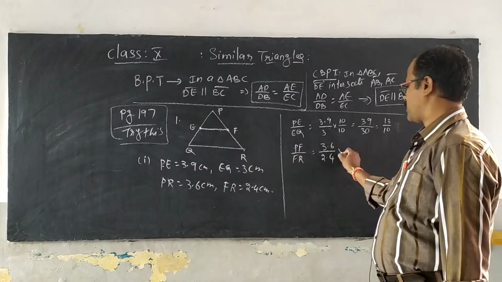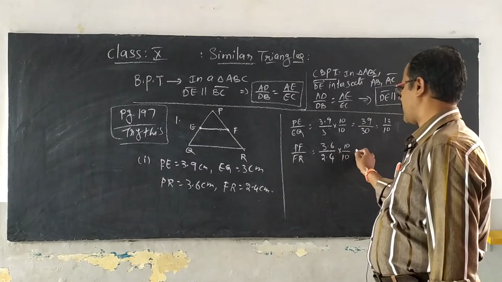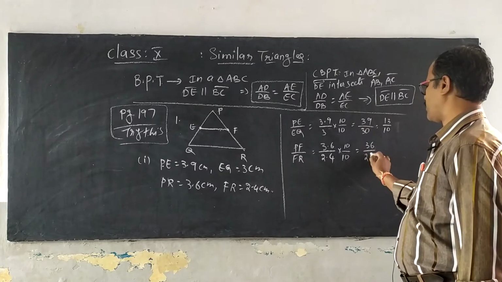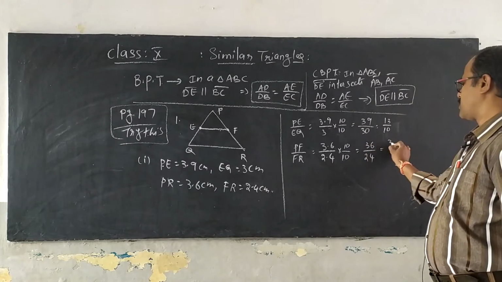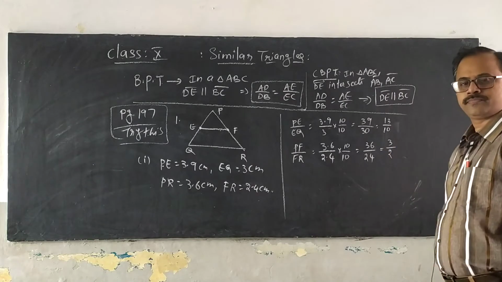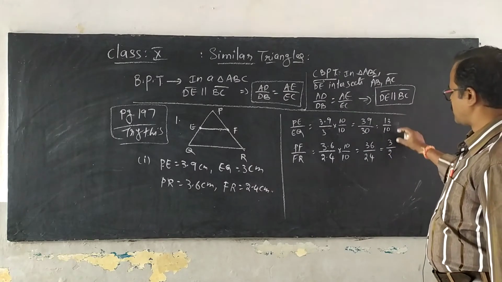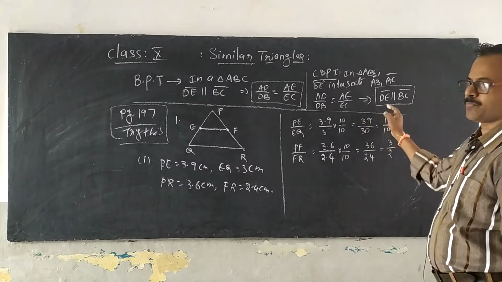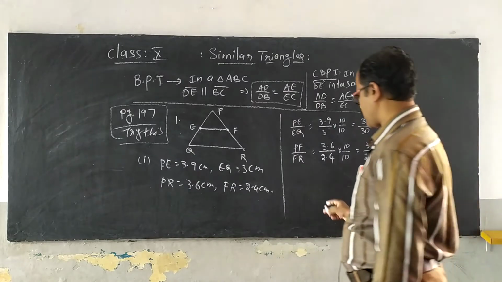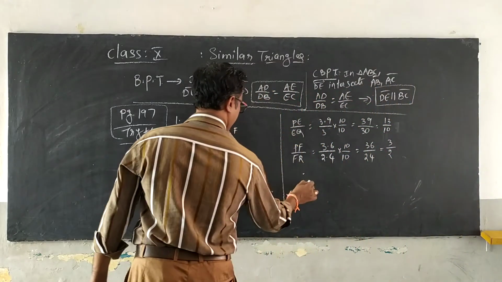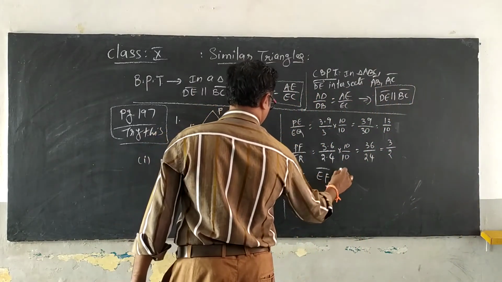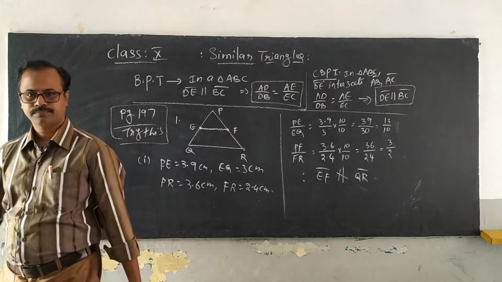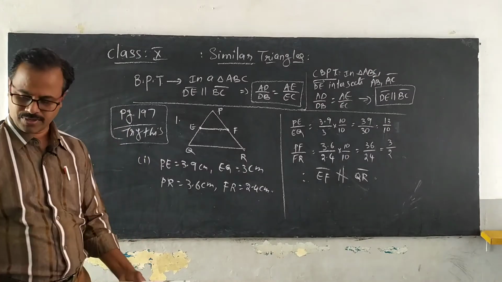To remove the decimal points, we multiply the numerator and denominator by 10. Then you will get 36 by 24, cancelling with 12: 3 by 2. When you observe, these two ratios are not equal. If the ratios are equal, you can say it is parallel. That means it is not parallel. Therefore, line segment EF is not parallel to line segment QR. Is it clear, guys? Very good.